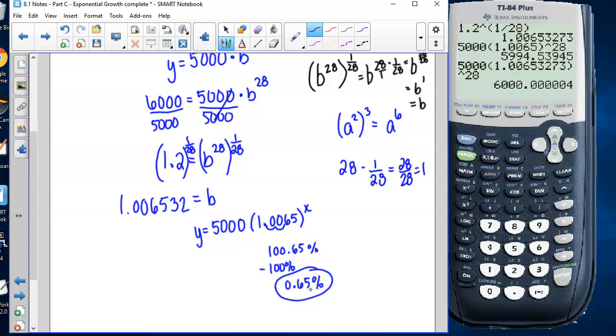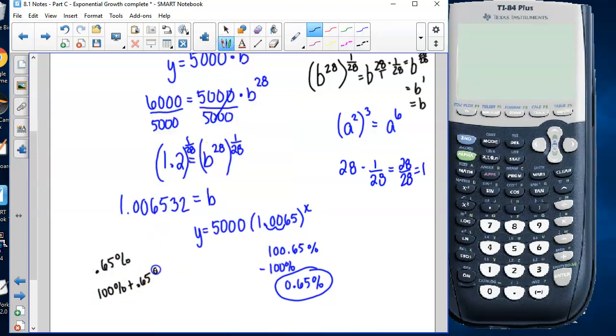Because normally, if they had told us that the answer was 0.65%, then we would have done 100% plus 0.65%, and that would give us 100.65. And so then we'd have to move that decimal 2 places to make it 1.0065.